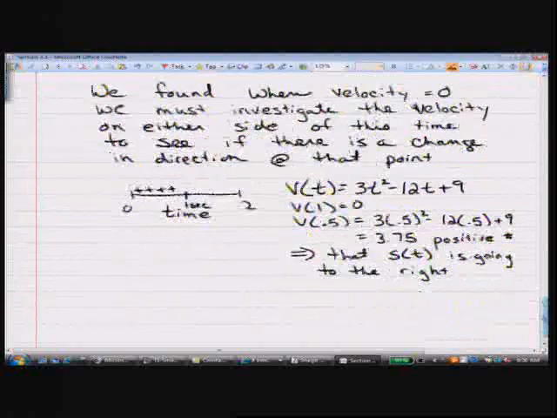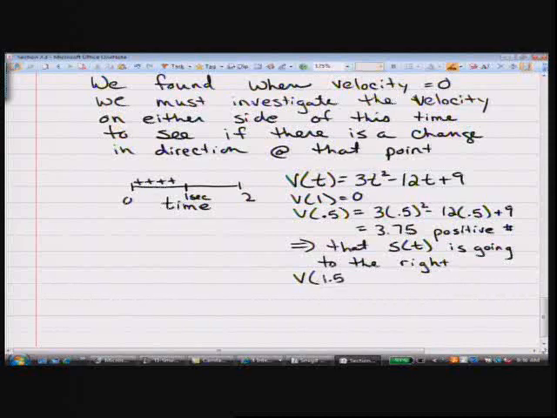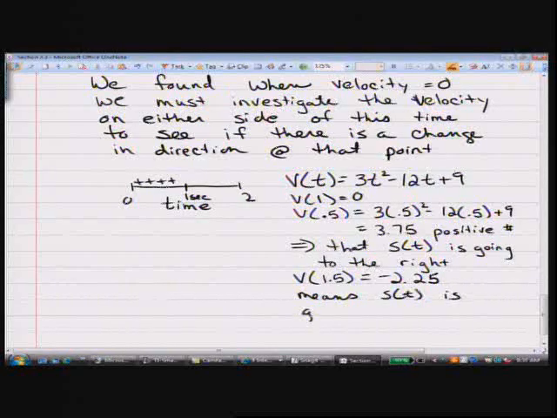All right. Now, if I pick a value to the right of 1, like 1.5, if you type that into your calculator, you get negative 2.25. This means s of t is going left.